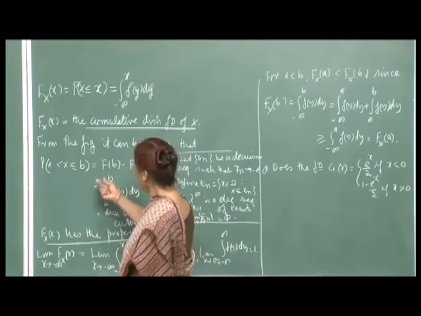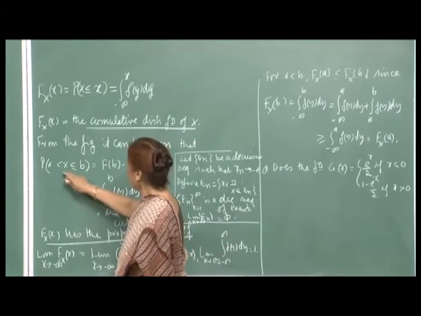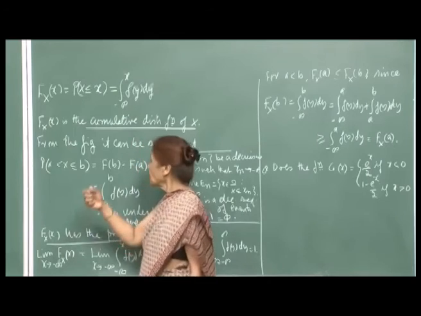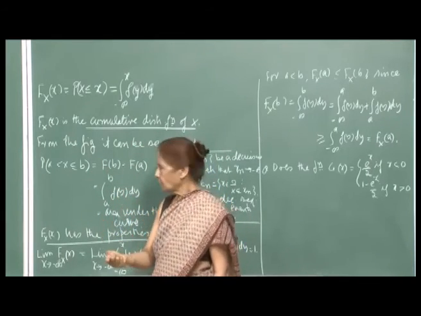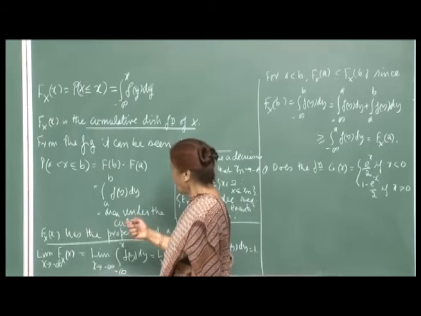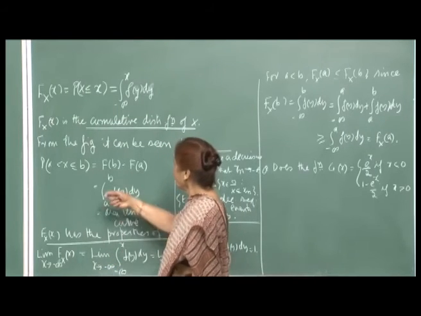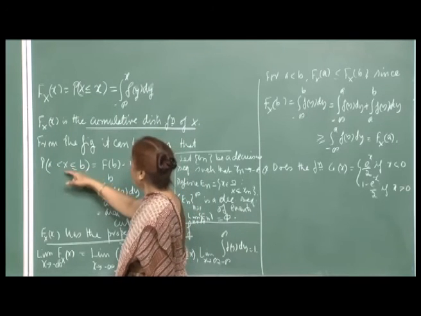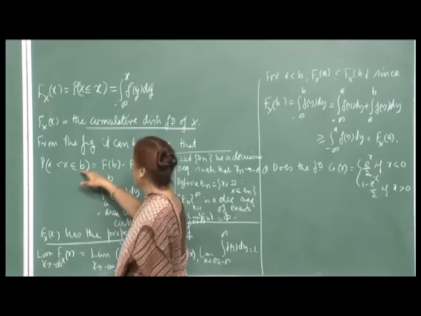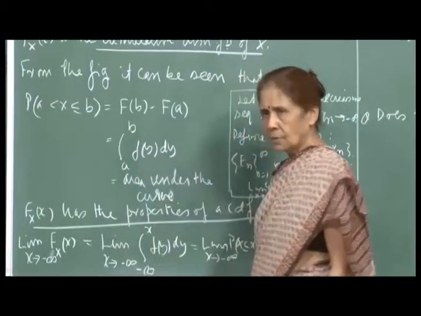Now, for a continuous random variable, it does not really matter, because there is no concept of a probability at a point. The idea is that at a point the probability is 0. Right. So, therefore, whether I say a less than or equal to x less than or equal to b, or a strictly less than x less than or equal to b has no relevance.